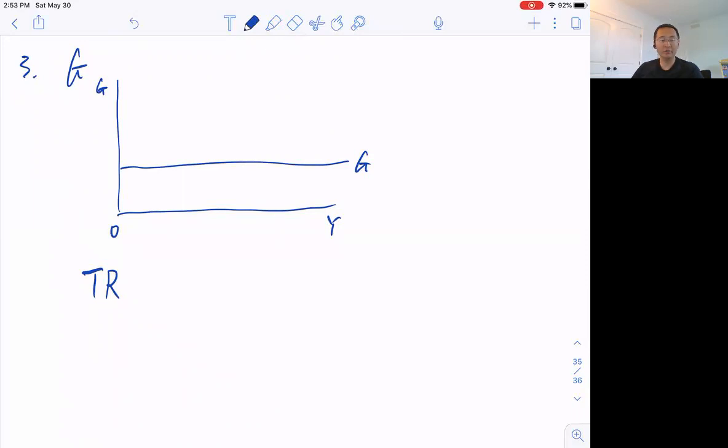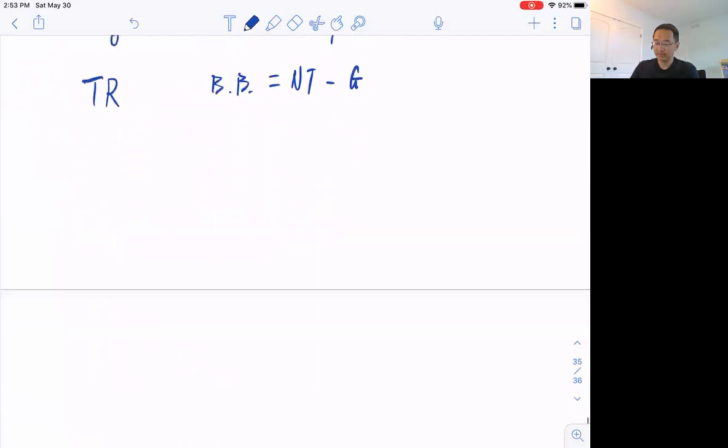There's no production involved in this case. Okay, so that's government spending. And just to review, budget balance is your net taxes, the income for the government, minus the spending for the government, right? That's how you do budget balance. BB stands for budget balance, okay?